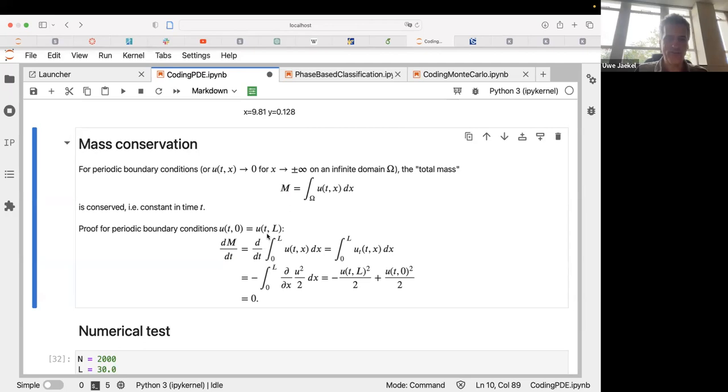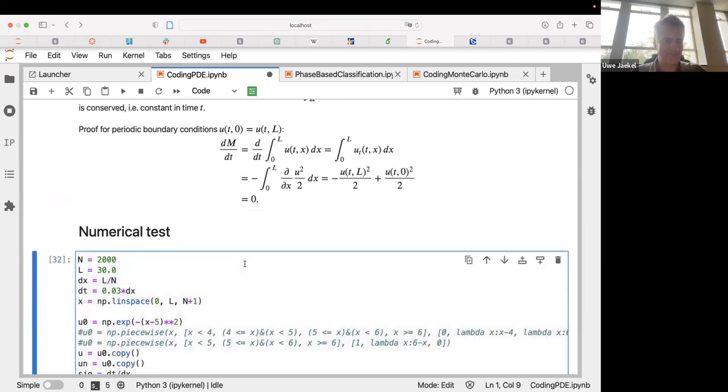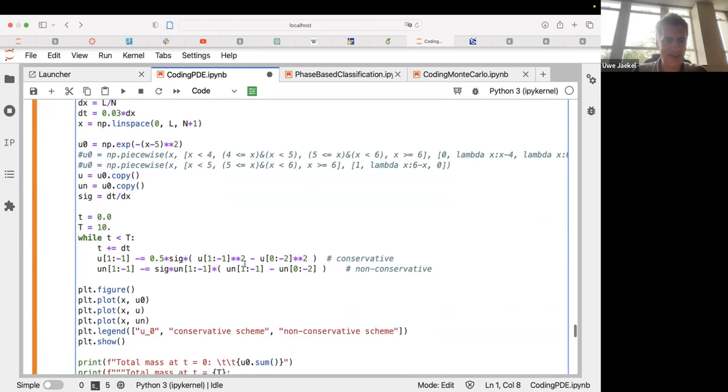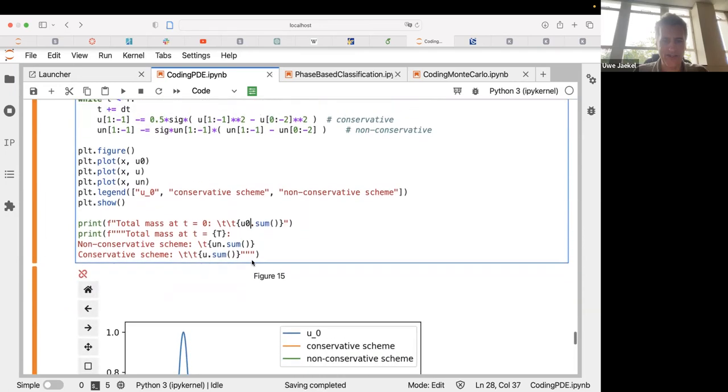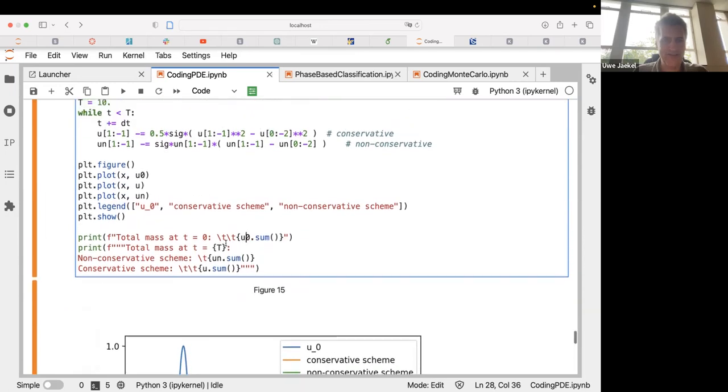And actually we can put this to a numerical test. Let's do it. This contains exactly the same thing, and what I print in the end is first the total mass under the integral for the initial condition.